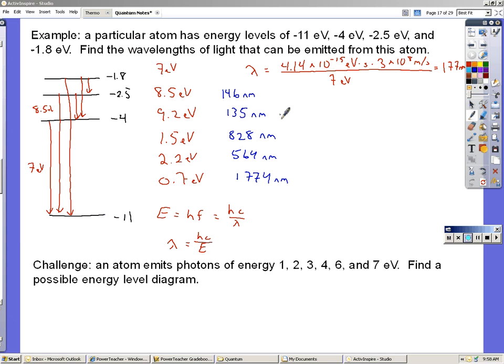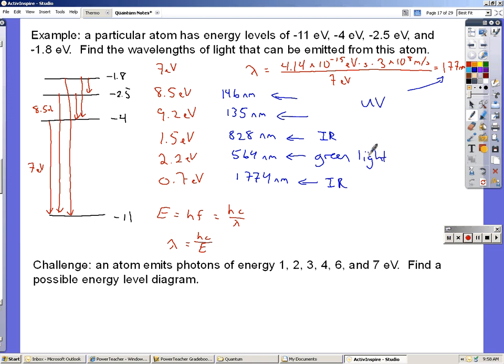These three are all ultraviolet. This one and this one are infrared, and the 564 is green light. So the emission spectrum of this light, if you just looked at it with your eye, would look very green.